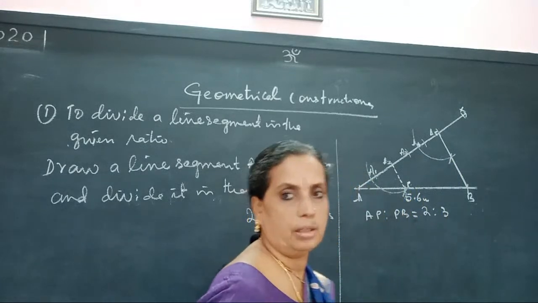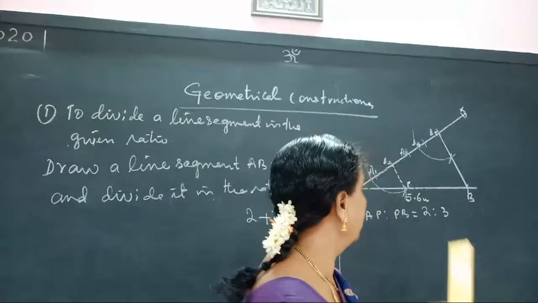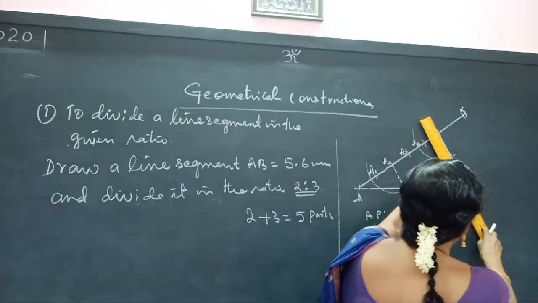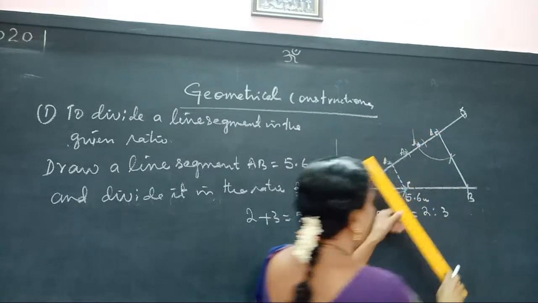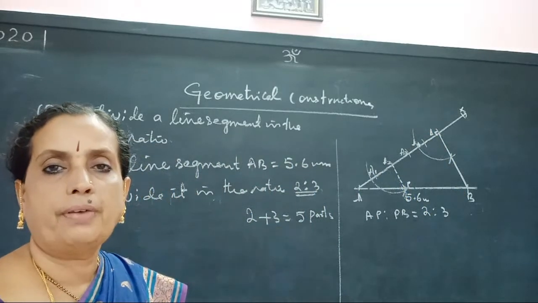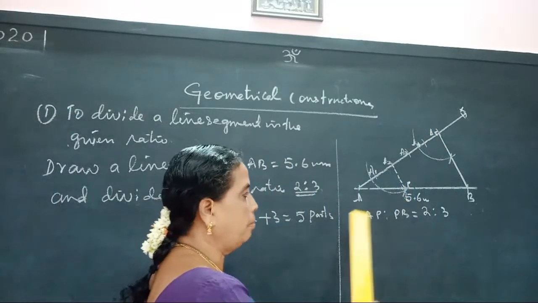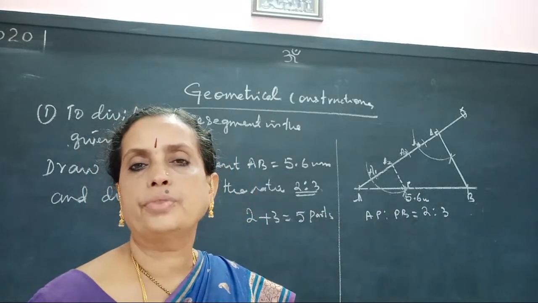Now join, and you can verify your construction by just sliding. You will get a line which is parallel to A5B, which divides the line segment AB in the ratio 2:3.